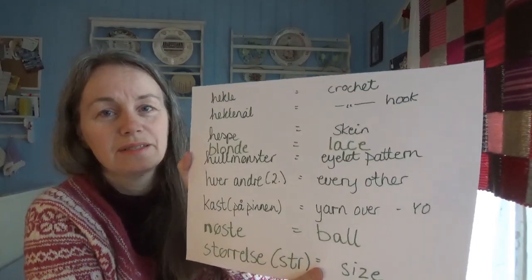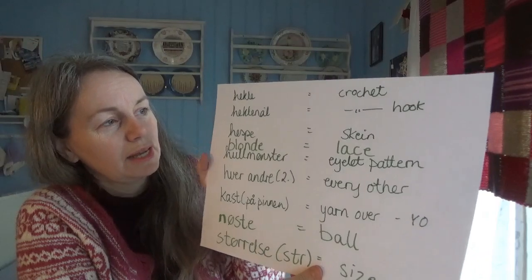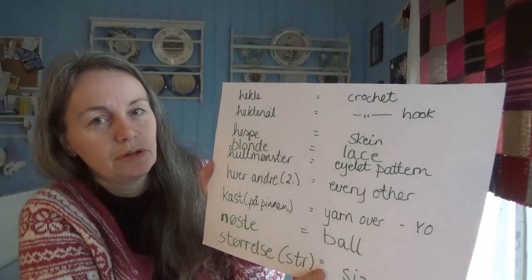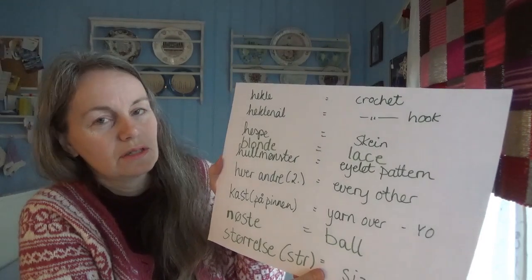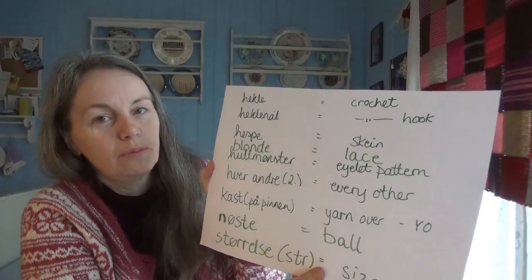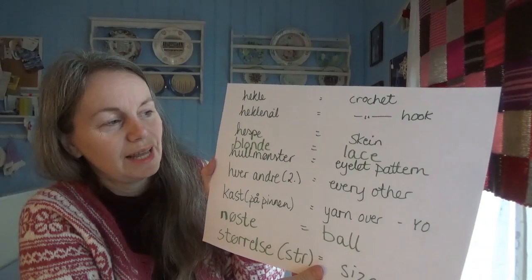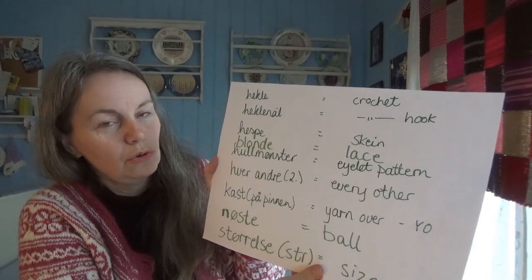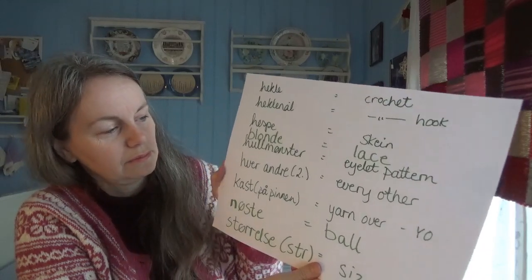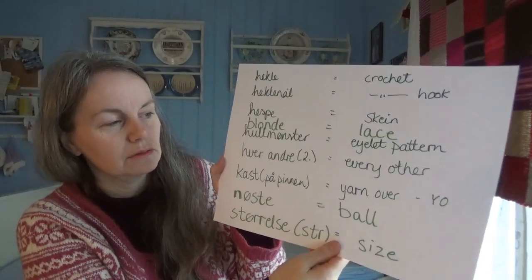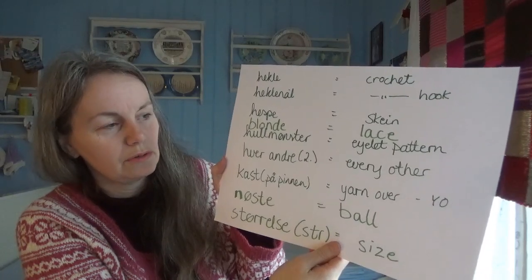Hekle, that means crochet. Heklenål, that's a crochet hook. Hespe, that's a skein. Blonde, that is lace. Hullmønster, eyelet pattern. Hver andre, that would be every other or every second.